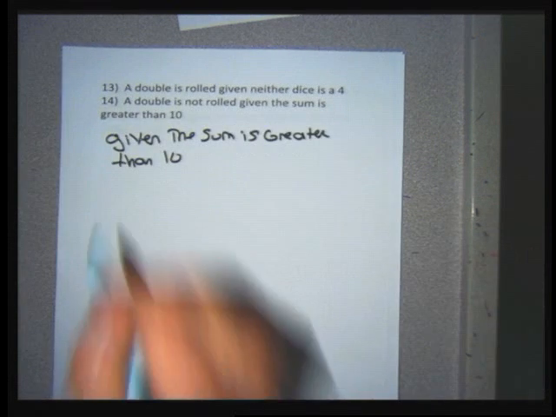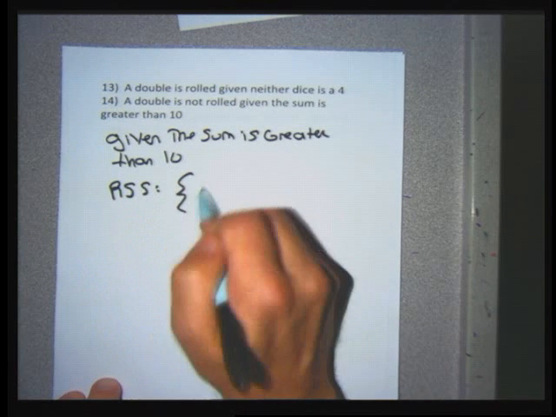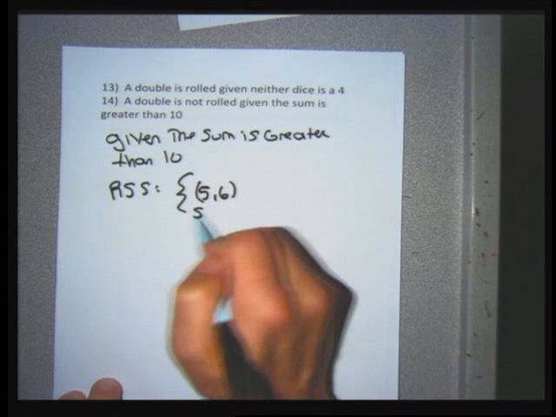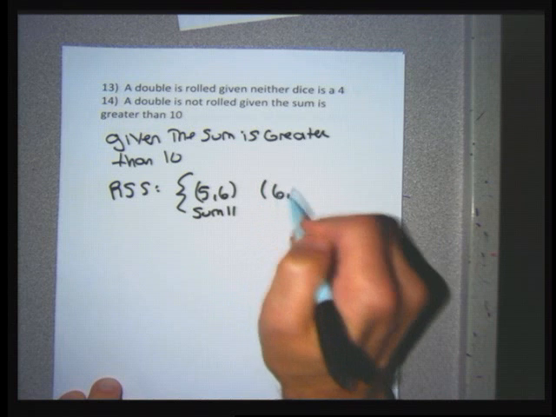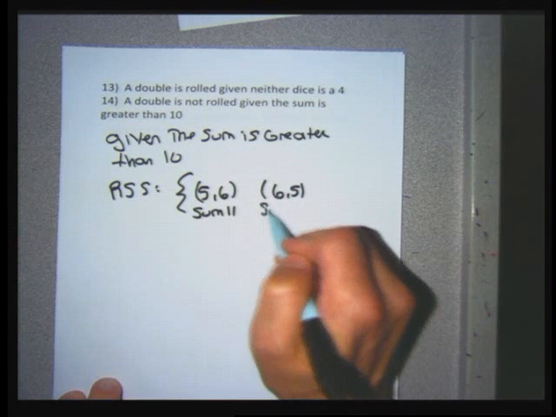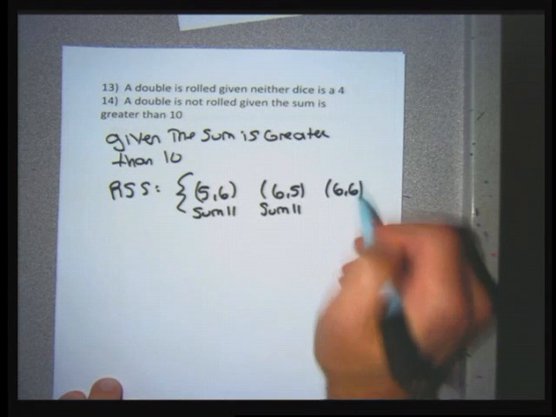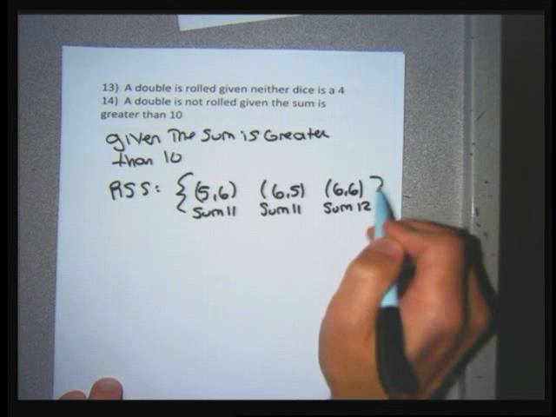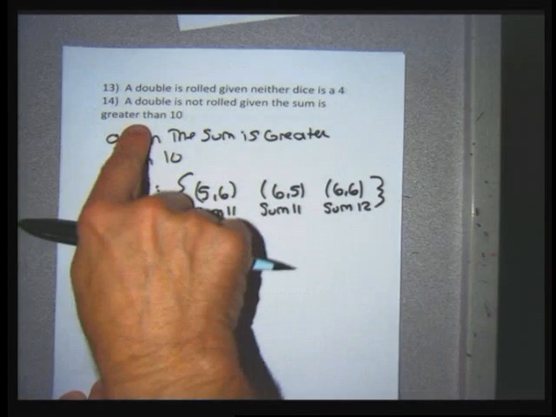So my reduced sample space is going to have 5 and 6, which is a sum of 11, 6 and 5, which is a sum of 11, and 6 and 6, which is a sum of 12. Those are the only items in the complete sample space that have a sum greater than 10.